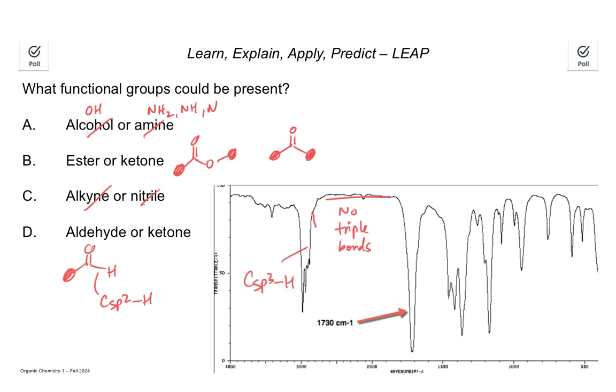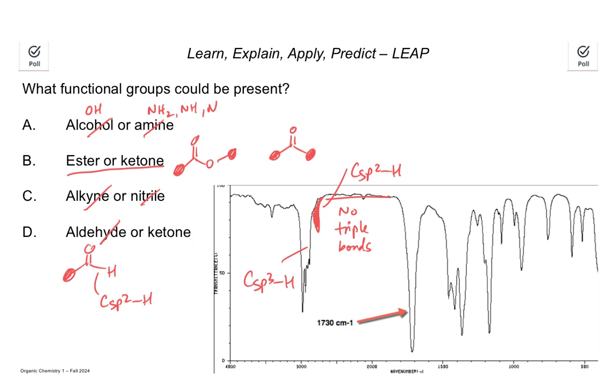So that aldehyde stretch would come over here. But the fact that it's not there means we can eliminate D. So really, within the mass spec data of 72 and the IR, we've narrowed down that the molecule could be an ester or a ketone.